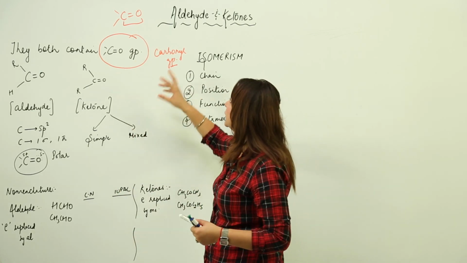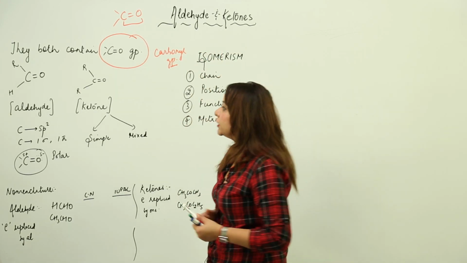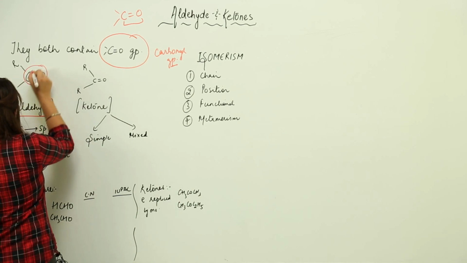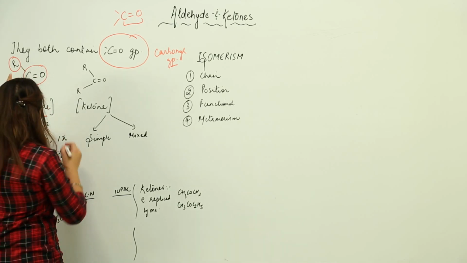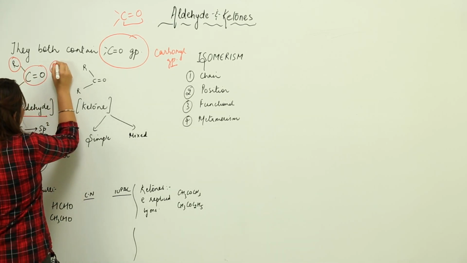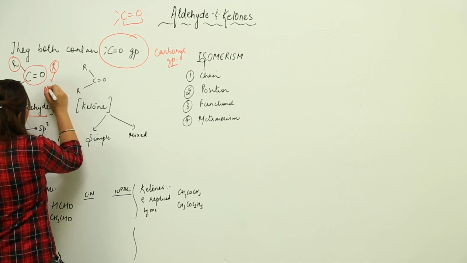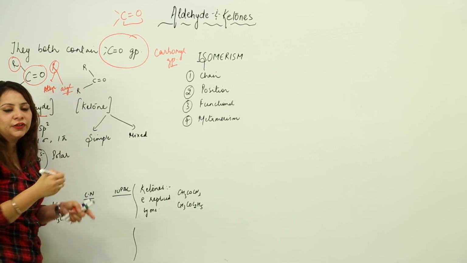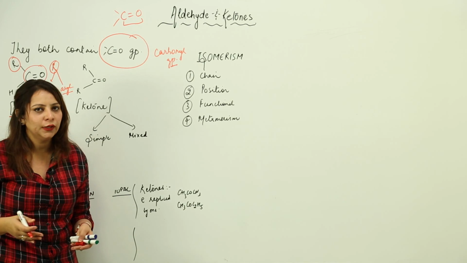So we have seen that if we talk about aldehyde and ketone, both contain this carbonyl group. So what is there in aldehyde? In aldehyde, this carbonyl group is bonded one with H and one with this R. This R, as you know, can be an alkyl group and it can be an aryl group, depending upon whether we are talking of the aliphatic aldehyde or the aromatic one, right.